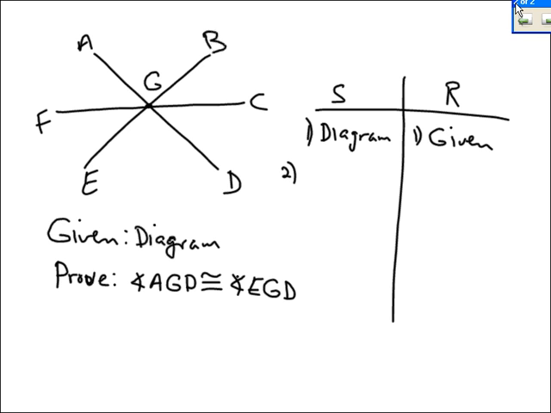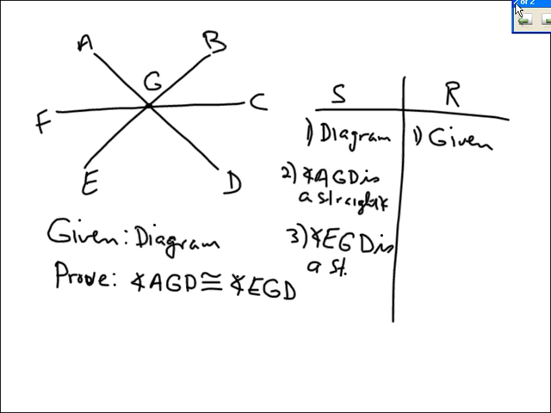And 2, that angle AGD is a straight angle. A straight angle is an angle that's 180 degrees. AGD is a straight angle. And number 3 is the same thing for EGD. EGD is a straight angle.